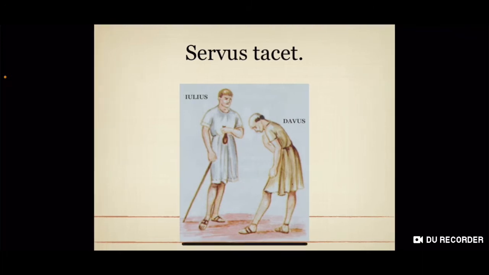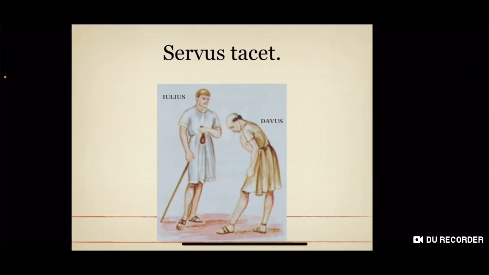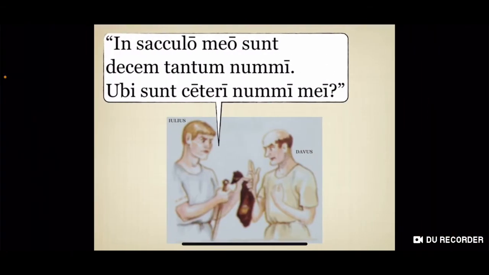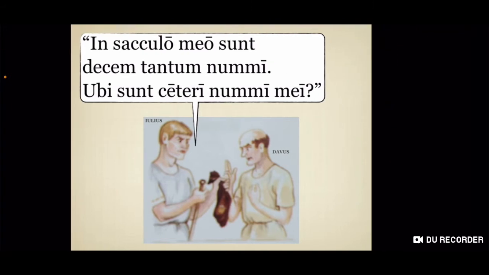And then you can see, it's shut up. In our modern time, we say shut up. In sacculo meo sunt decem tantum nummi. In the sack of mine are 10 coins. Ubi sunt ceteri nummi mei? Where is the rest of my coin? Where are the rest of my coins?